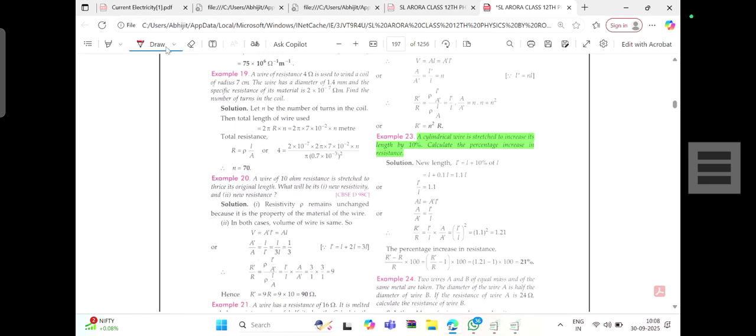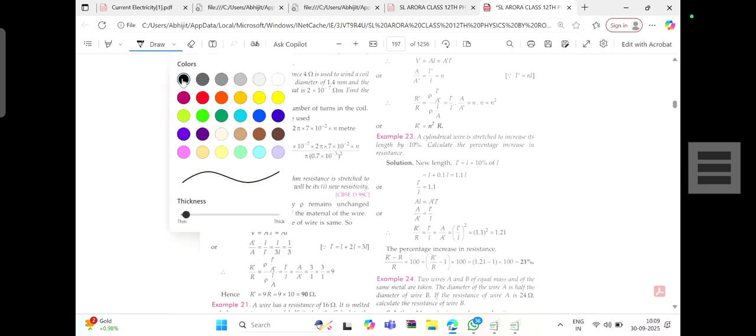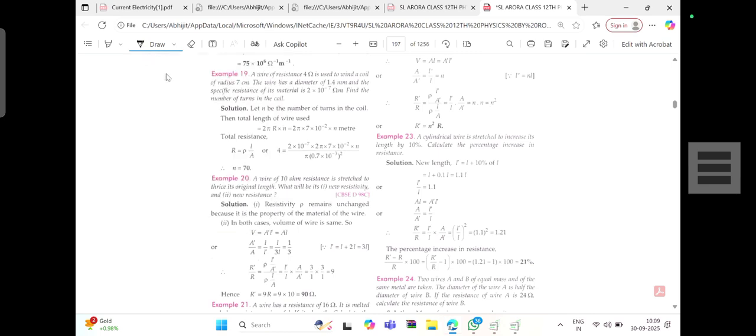So the previous length of the wire is L, and L prime is L plus 10%.